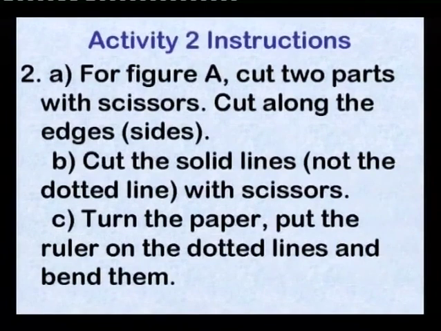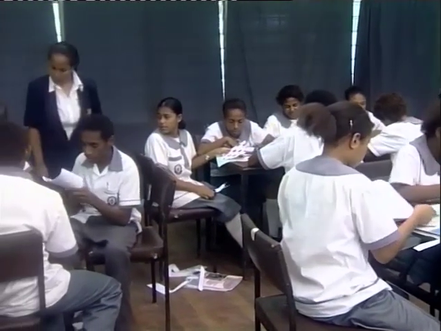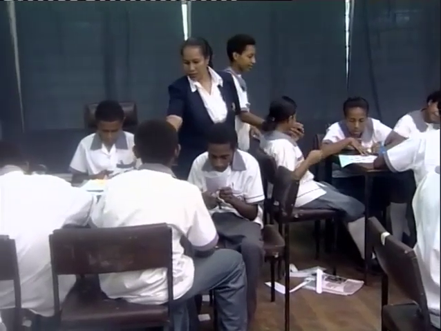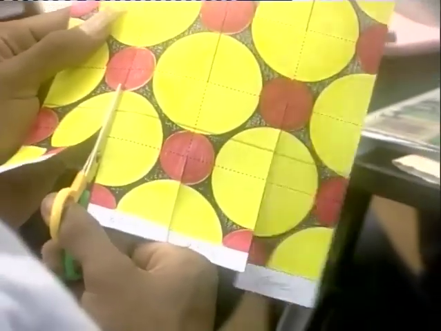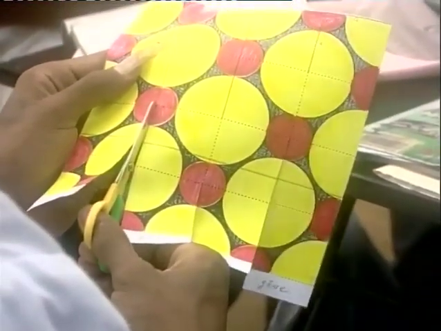Okay? So for this here, you cut this way and stop here. Cut here, stop. Do the same for the other side. Thank you. That's it. Stop. Don't go all the way. You should have another scissors to cut the other one. Stop where it stops. Don't go all the way up. Don't cut through the dotted lines. I mean, don't cut on the dotted line.